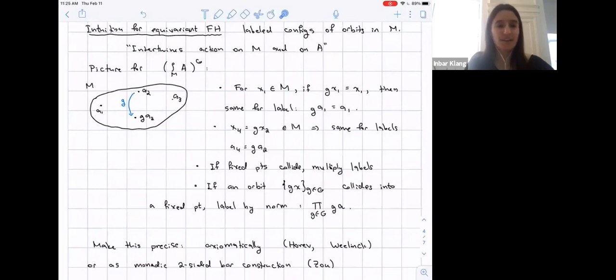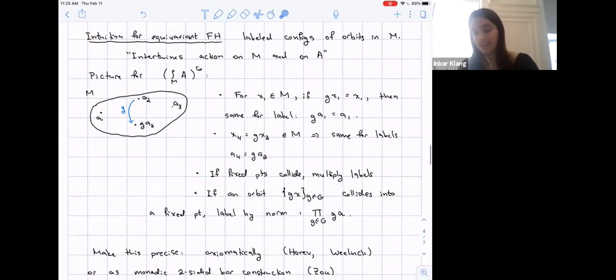Sometimes it means TQFTs where the manifolds have tangential structure or stuff like that. So I haven't yet seen a notion that's exactly like the thing we're getting from equivariant factorization homology. But that's another thing that would be interesting to think about. Yeah. Thanks.